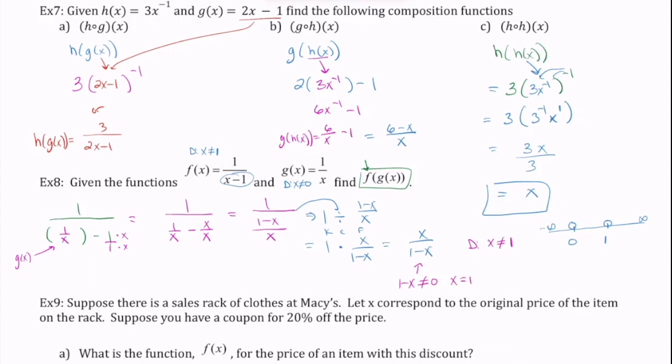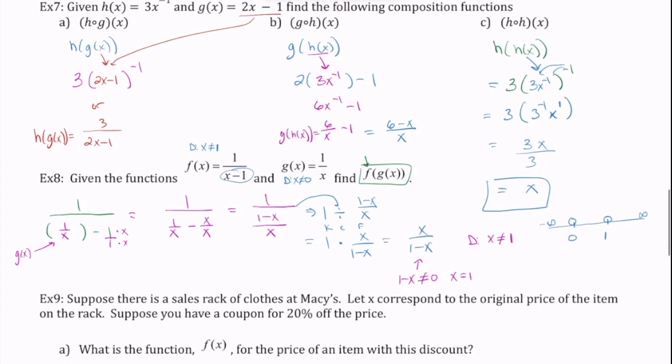Okay, so what's my domain? So I'm going to start from negative infinity, comma, all the way to 0, and stop. Jump over 0, union, start up again at 0, comma, all the way to 1, and stop. Jump over 1, union, start up on the other side of 1 again, and then all the way to infinity.